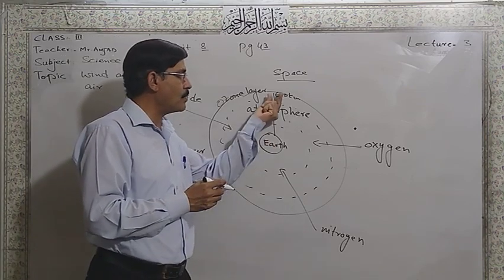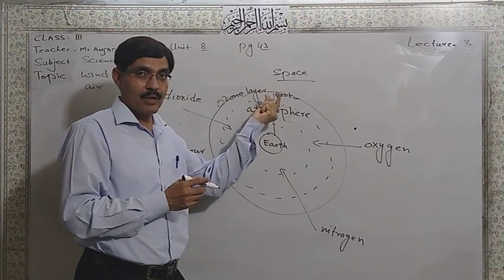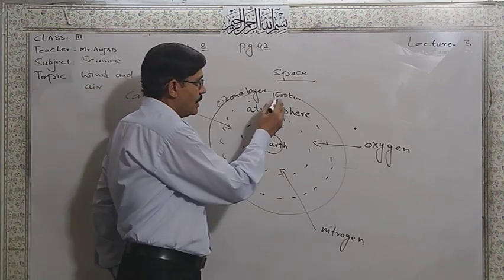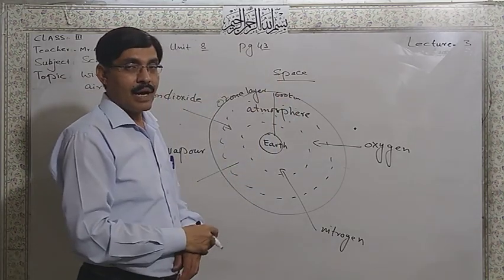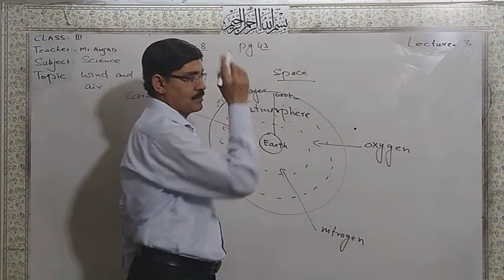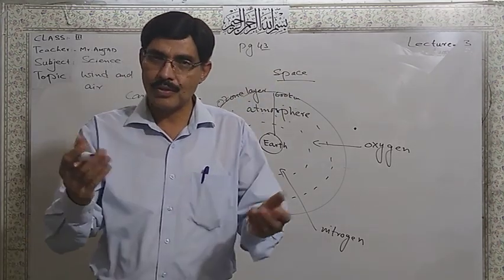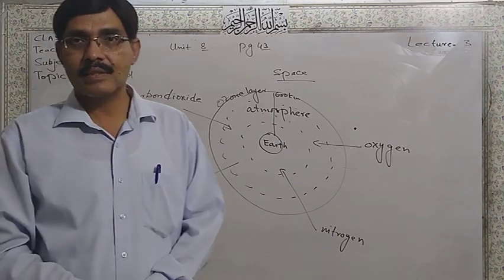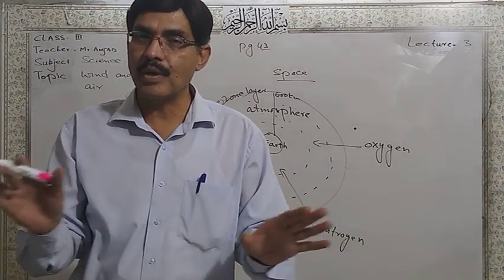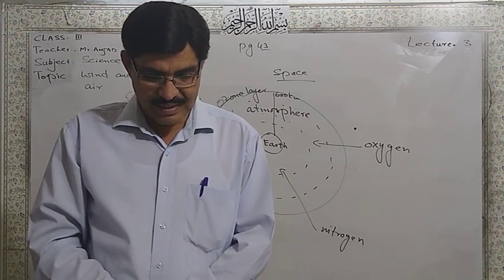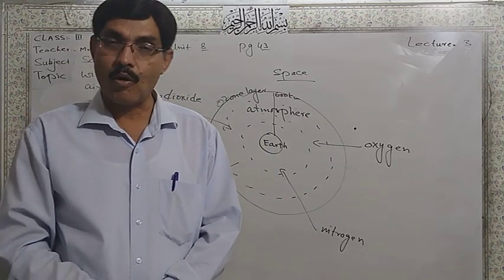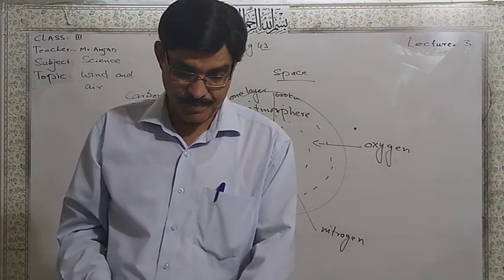From earth to above the ozone layer, it is 600 kilometers above the earth. After this we have the space. As you already know, space has no air. There is no air in space. This part that is outside the atmosphere is called space.